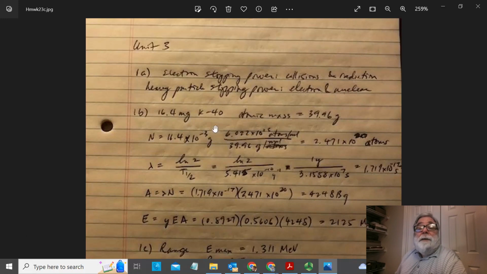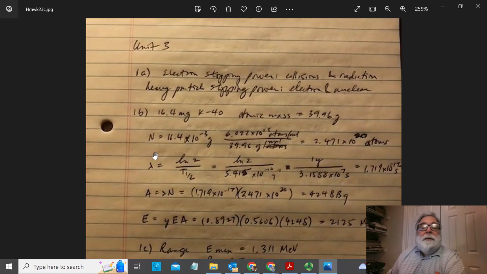There are Avogadro's number of atoms in a mole, and there's 39.96 grams in a mole. So this tells me in this sample, I have 2.47 times 10 to the 20 atoms. Straightforward. Simple, something you did in freshman chemistry, I assume.